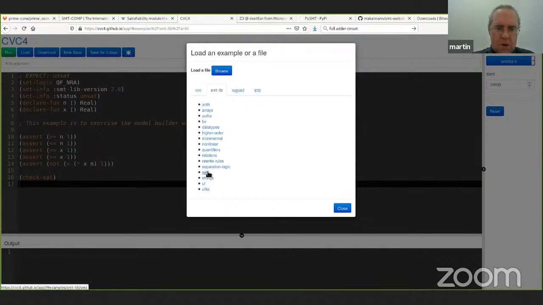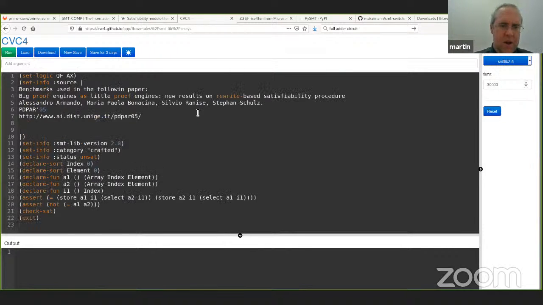What do we want? We've got separation. CVC4 now has a theory for dealing with separation logic. Something relatively simple: this is an array benchmark. So you've got a bunch of examples there. You can use them interactively, you can play, you can just press go. It's that simple to get into.